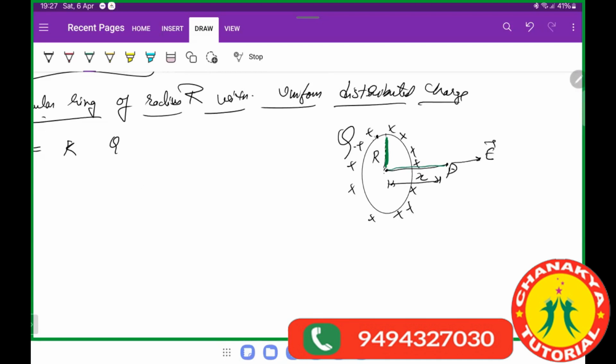In the ring, obviously the radius will be R only. Anywhere in the ring, the radius will be R from the center, and point P will be at the same distance from anywhere on the circle.